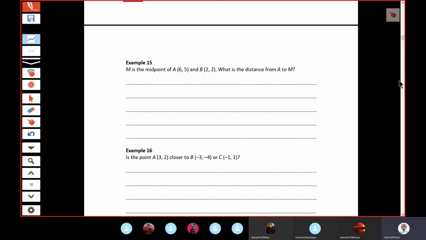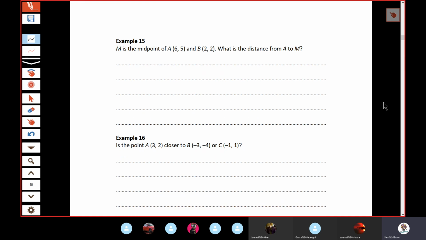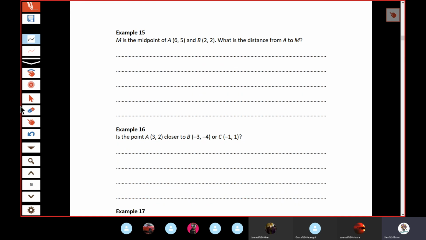M is the midpoint. What is the distance from A to M? Okay, let's do that. So that's a bit more of an exam style question. Again, just take it one step at a time. Believe me, you'll be surprised at how simple they can be. And I think a good tip that I'm still teaching to some of the Year 12 students is every time you see a full stop in maths, it actually means stop, and that's one piece of information, or one step.